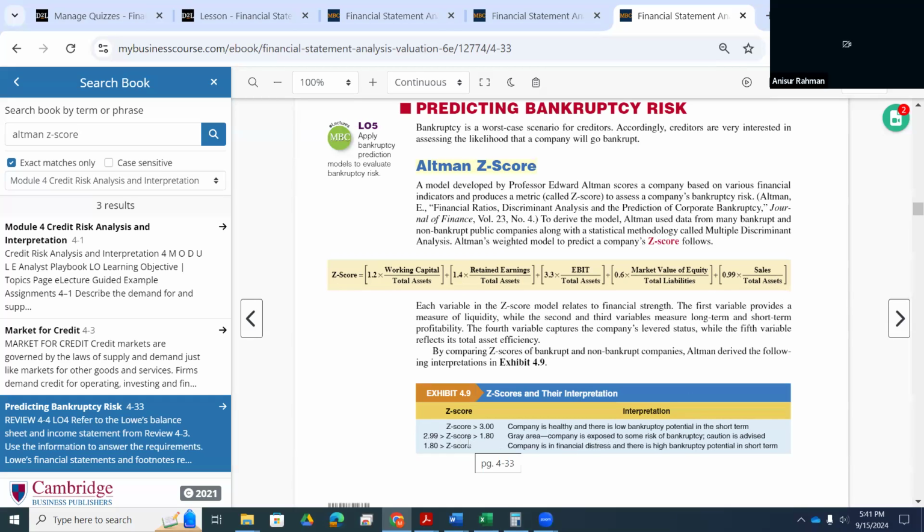If the Z-score is greater than 1.8 but less than 2.99, there is a gray area. Companies are exposed to some risk of bankruptcy, and caution is advised. If the Z-score is less than 1.8, then the company is in financial distress and there is high bankruptcy risk.